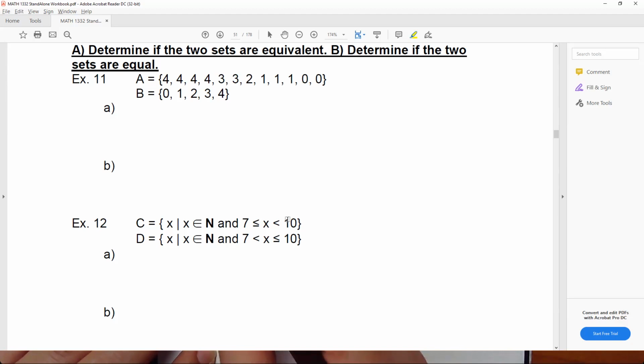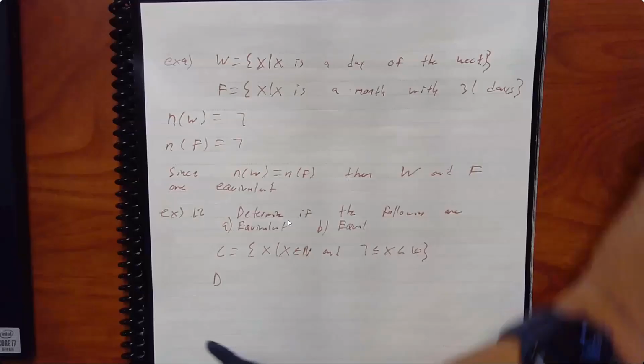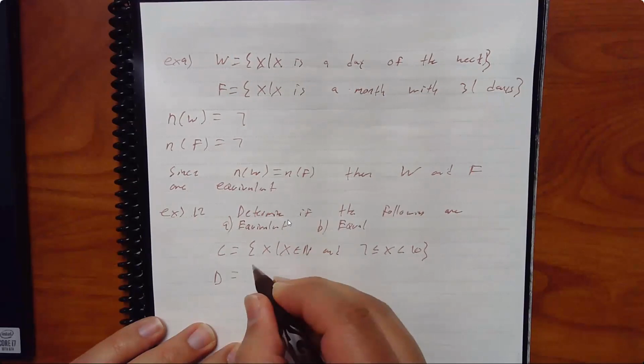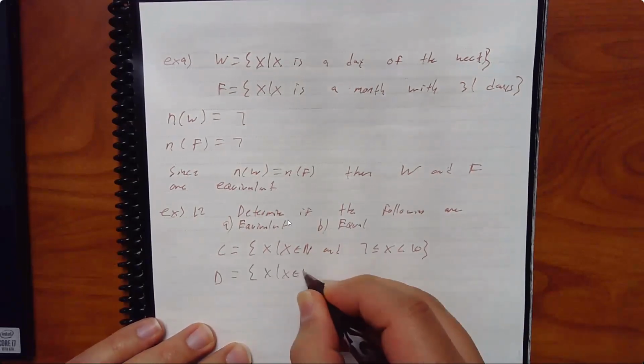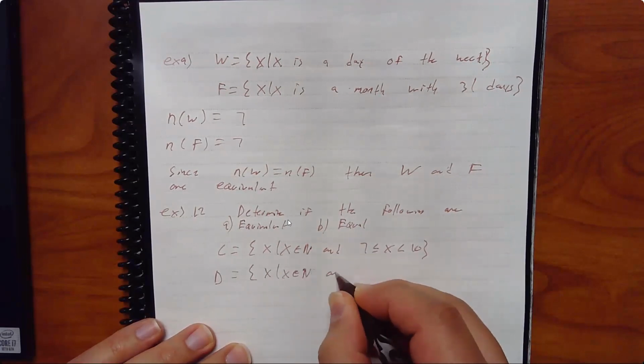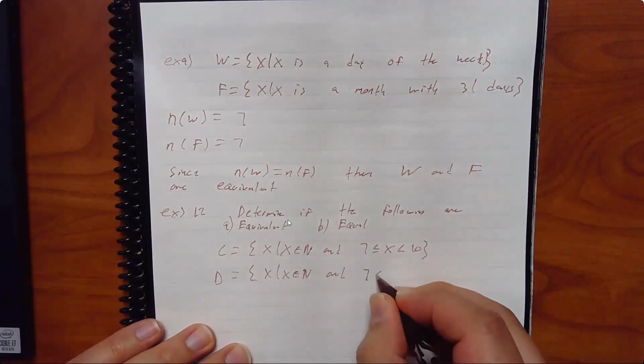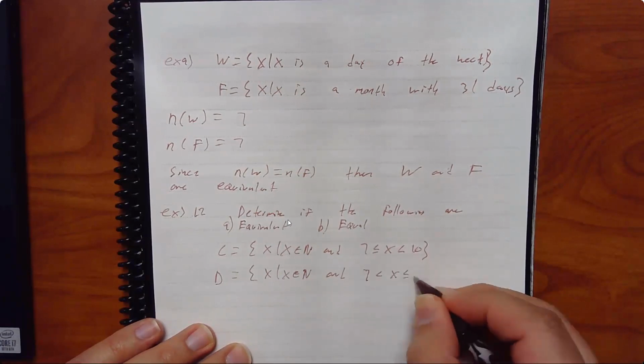Okay, so C is equal to X such that X is a natural number and between 7 and 10, but including 7. D was the same thing, but they did not include 7, they included 10.